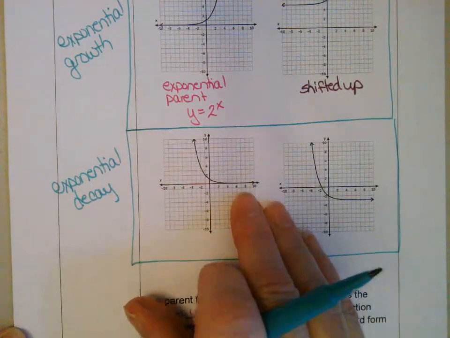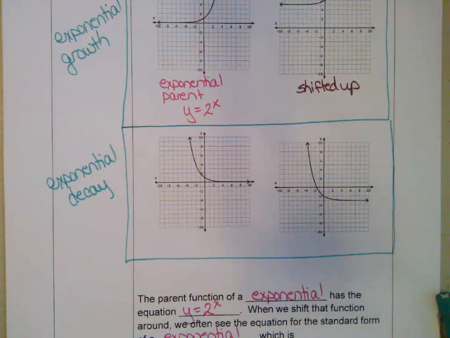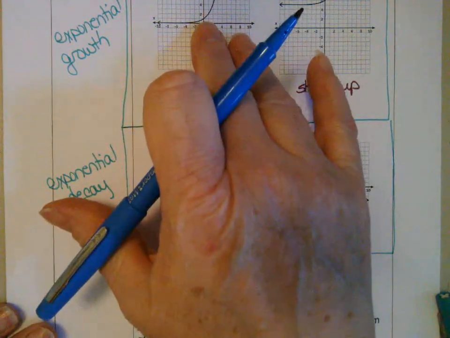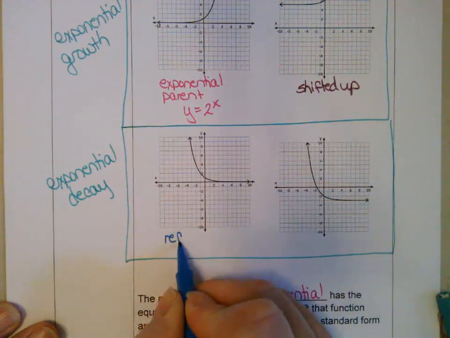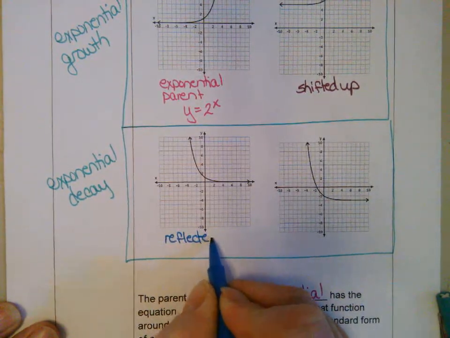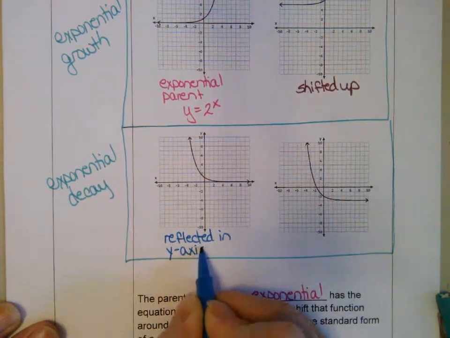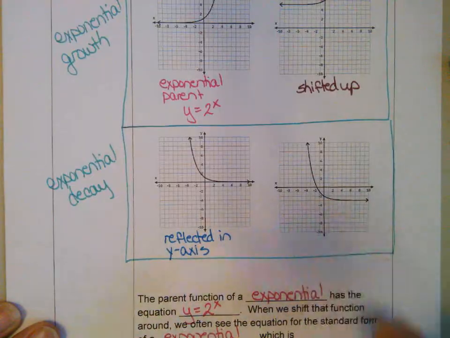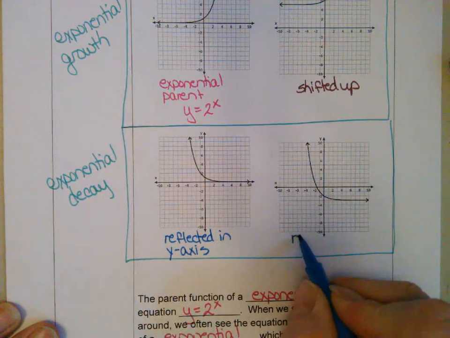Start big and get small really, really fast. So how did we get here? Well, we took our parent function and we reflected over the y-axis. We reflected in the y-axis and we shifted it down.